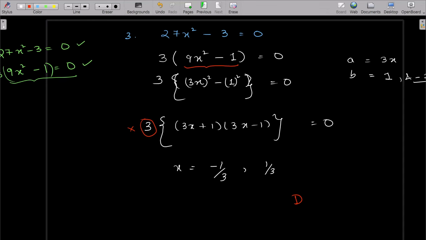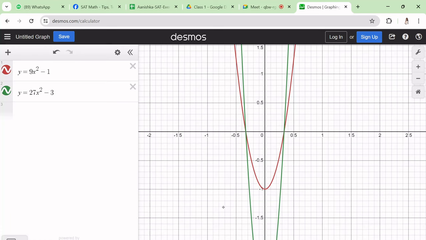Will it be equal to 0, greater than 0, or less than 0? It'll be greater than 0. Yes, greater than 0, because the two solutions are distinct. And if we even look at the graph, it is intersecting the x-axis at two distinct points. So that's the case when discriminant is greater than 0.